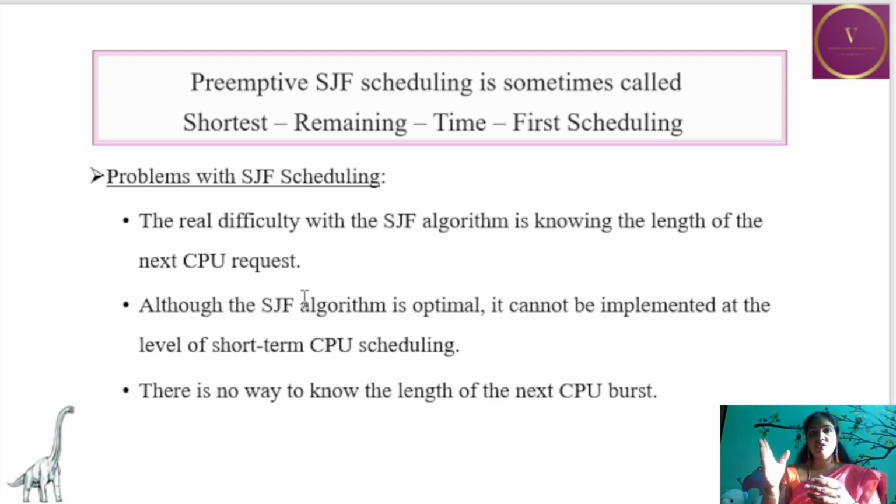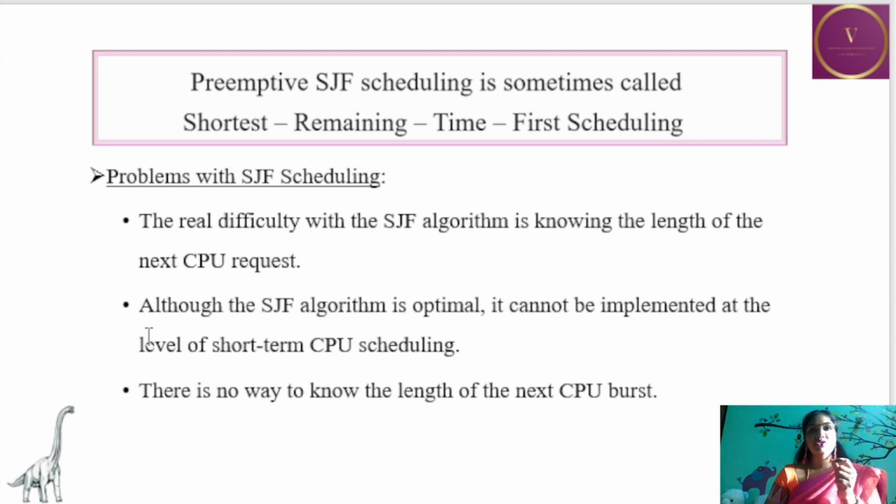So in practice, it is difficult to know the next CPU burst of a process. You can always get the total length of the process, but you are talking about the next remaining time, right? It is always difficult to get the length of the remaining time.